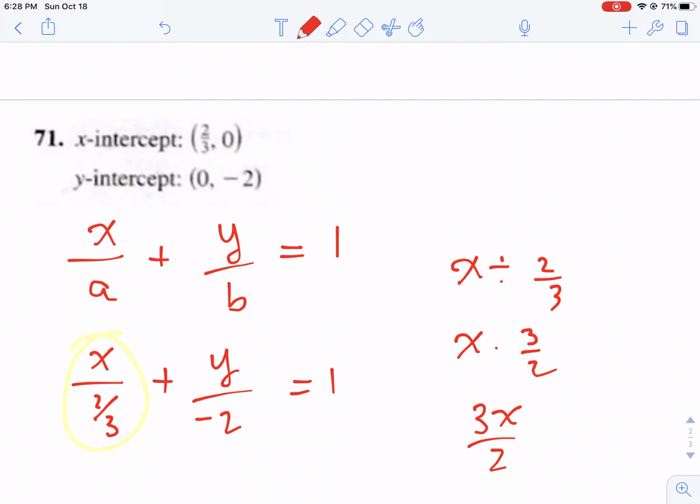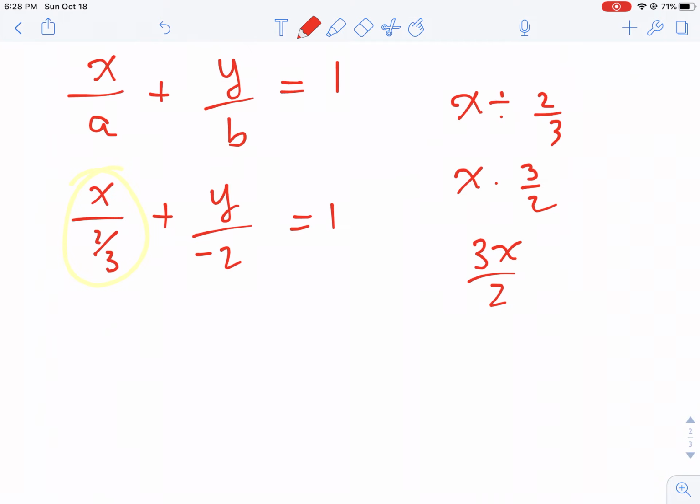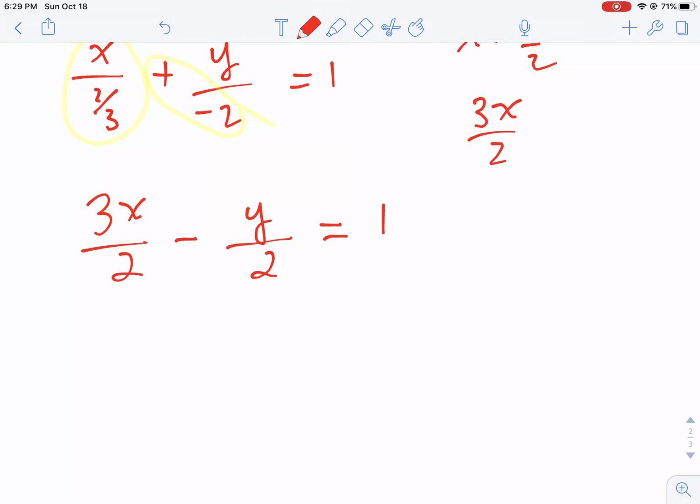So we're going to replace that by your x divided by 2 over 3, just to simplify it. So I'm going to write 3x over 2 plus, I'm going to also take care of this. So I'm going to change this to a minus, and then you have your y over 2 over 1. So it looks like you have the common denominator on the left side. So you could combine it right away if you want.